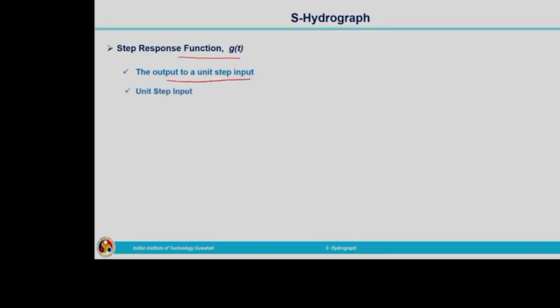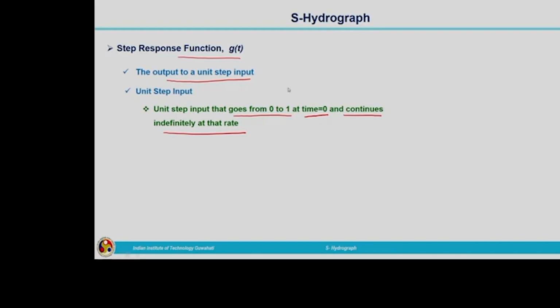Then what is a unit step input? A unit step input is the one that goes from 0 to 1 at time t equal to 0 and continues indefinitely at that rate. With the help of the figure we can represent it like this. This is a repetition of the earlier figure we looked at while discussing the step response function.